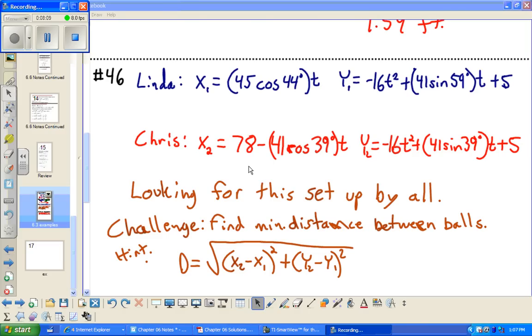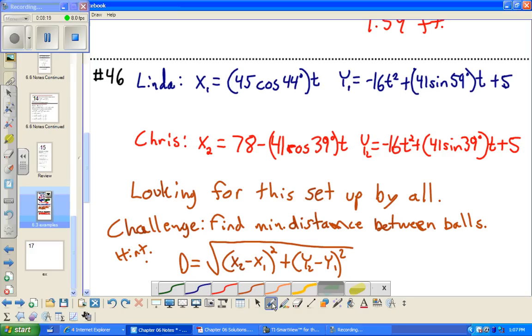What you're going to need to do is, since Chris is on the right, we'll have him on the right throwing towards the left. For that to happen, since they are 78 feet apart, you're going to have Chris's x component of his parametric equation start at 78.